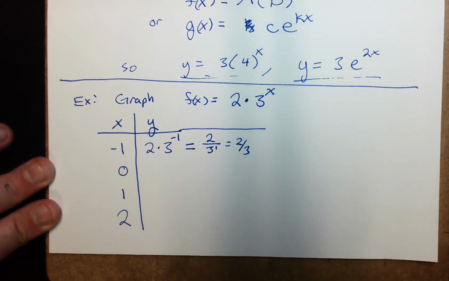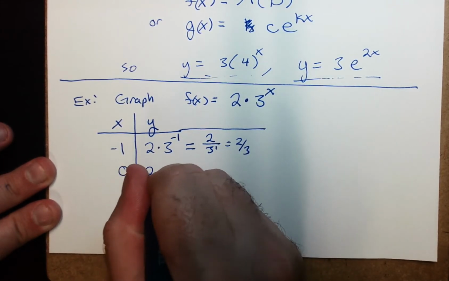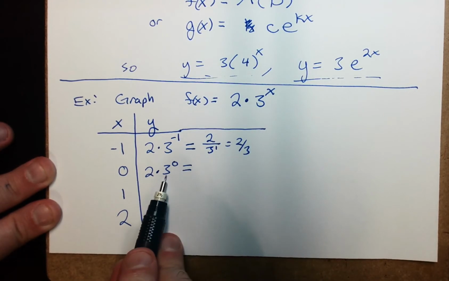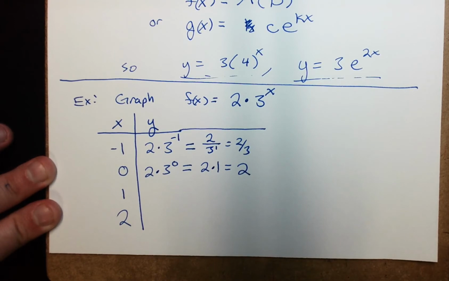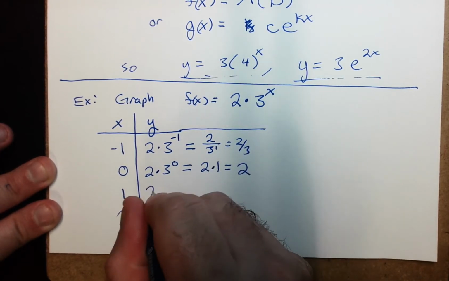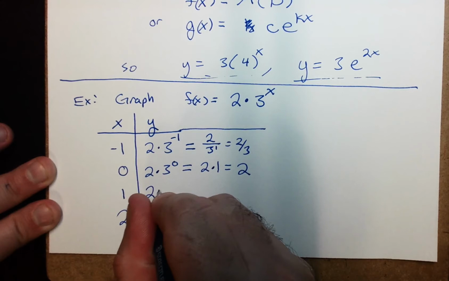If you take these numbers and substitute them in here, you put the -1 in here, you have 2 times 3 to the -1. You have to remember what a -1 exponent means. That means it's in the denominator. So 2 times 3 to the -1 is actually 2 over 3 to the 1, so that's 2/3. When you put in a 0 here, you have 2 times 3 to the 0. 3 to the 0 is 1, so this is 2 times 1, so that's 2.